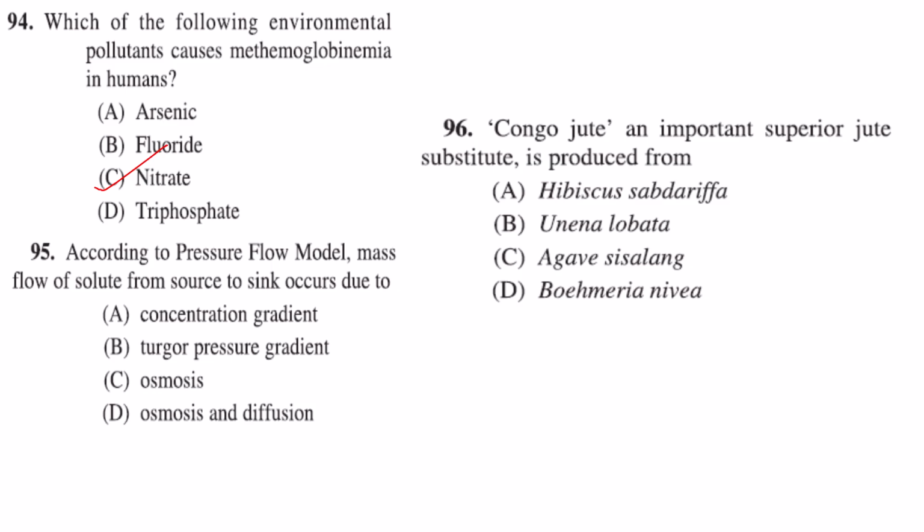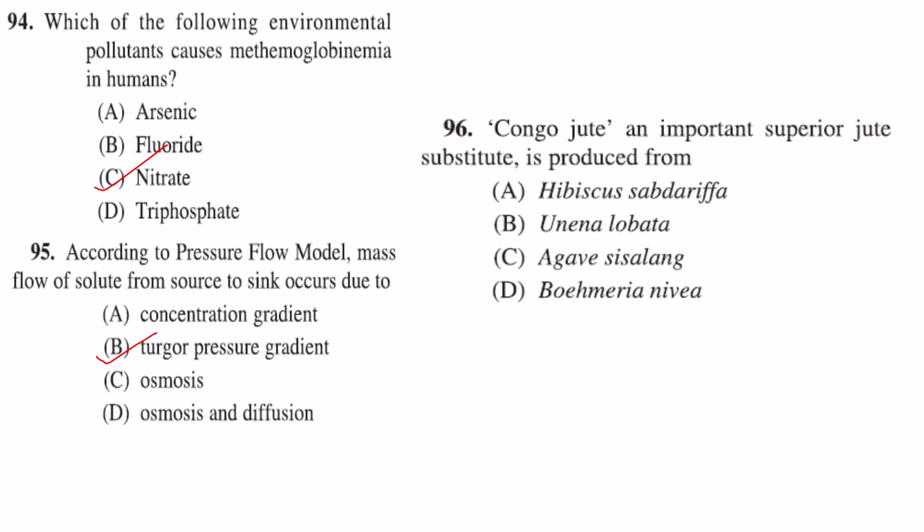Now this increased turgor pressure creates a turgor pressure gradient and this will drive the solutes from the phloem tissue towards the sink tissue. So according to pressure flow model, mass flow of solute from source to sink occurs due to turgor pressure gradient. Answer is option B.